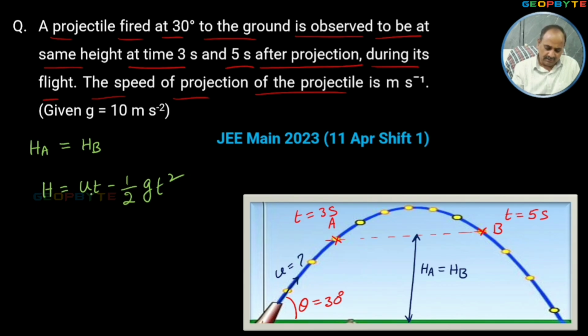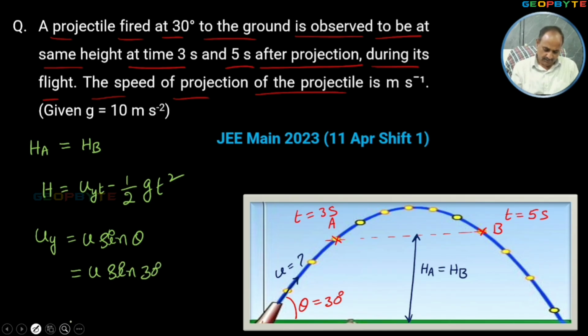Here you need to take the vertical component of velocity, uy t. The vertical component of velocity uy equal to u sin theta, which is equal to u sin 30.